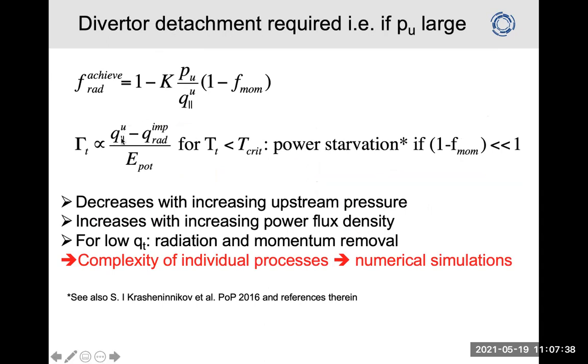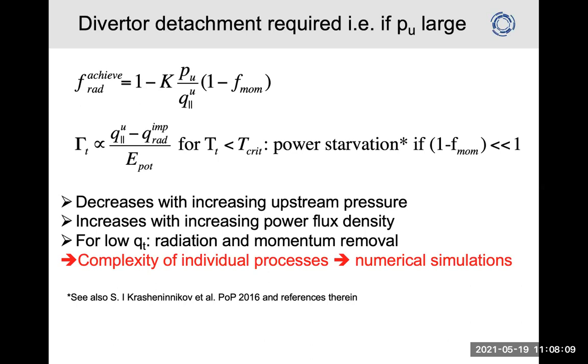And you put in power upstream, and assuming you have no perpendicular transport, just radiation, then this will be balanced. So once you radiate by impurities so much power, you may come down to a point where the particle flux that you can sustain is limited. And this means, we call this power starvation.